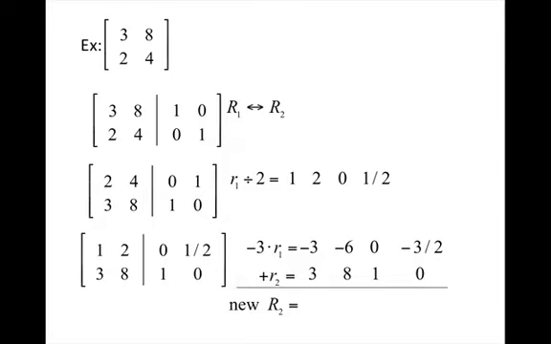Well, the -3 plus 3 gives me the 0 that I wanted. -6 plus 8 is 2. 0 plus 1 is 1. And -3/2 plus 0 is -3/2. So keep row 1 the same and replace row 2 with 0, 2, 1, -3/2.